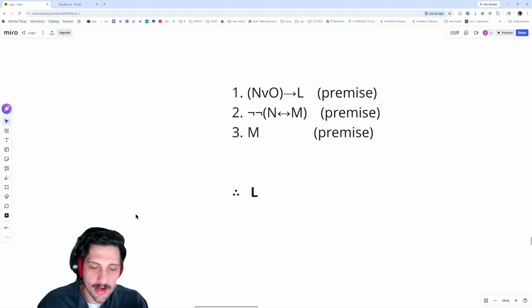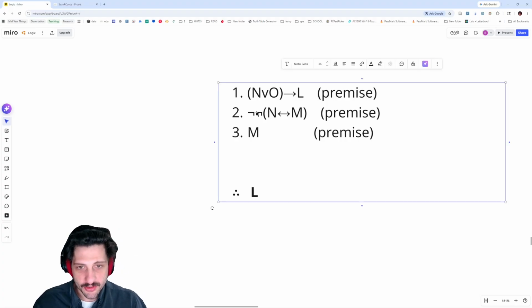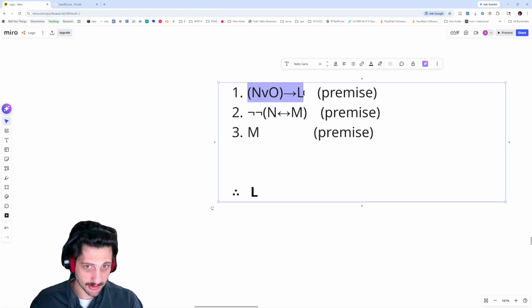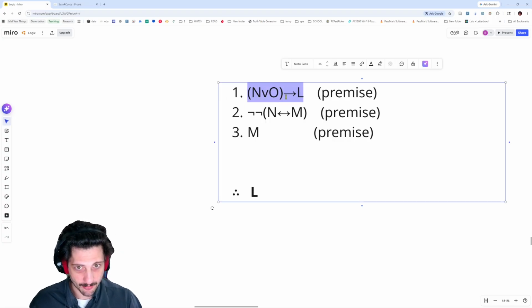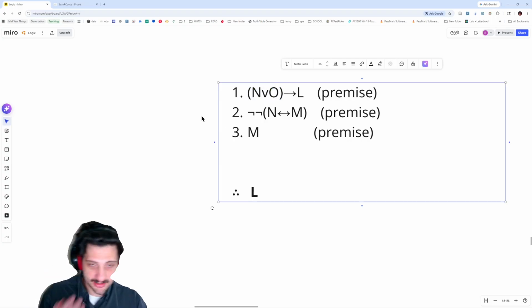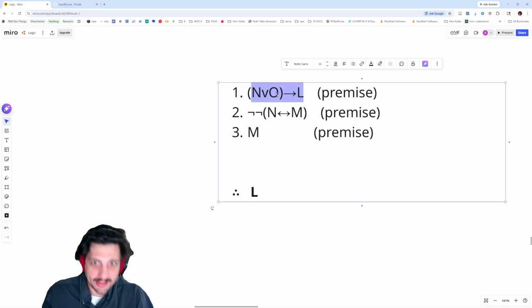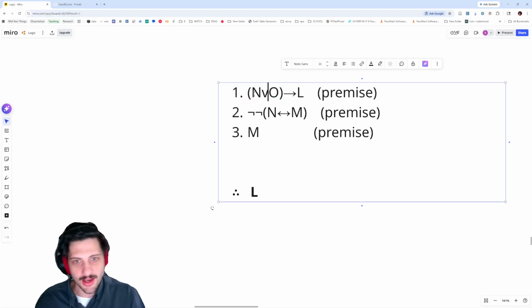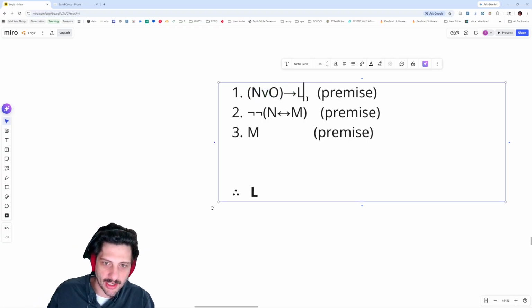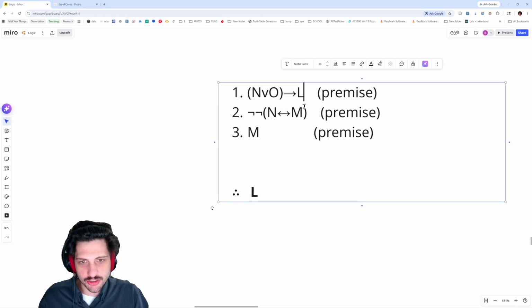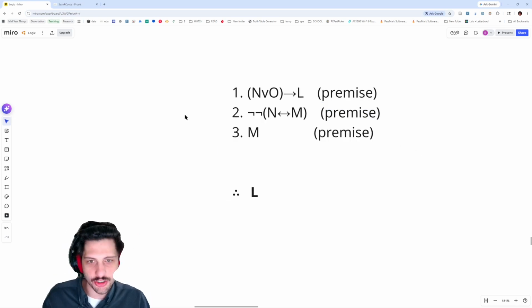So let's think about what we're able to do with this proof. First things first, I can't do a conditional elimination because I don't have the left-hand side. It's like I have the lock here, but I don't have the key. Conditional elimination always needs the two parts, the conditional and the left-hand side of that conditional, so I can't do anything with my premise 1 yet. I don't have any conjunctions anywhere, so I can't do a conjunction elimination.